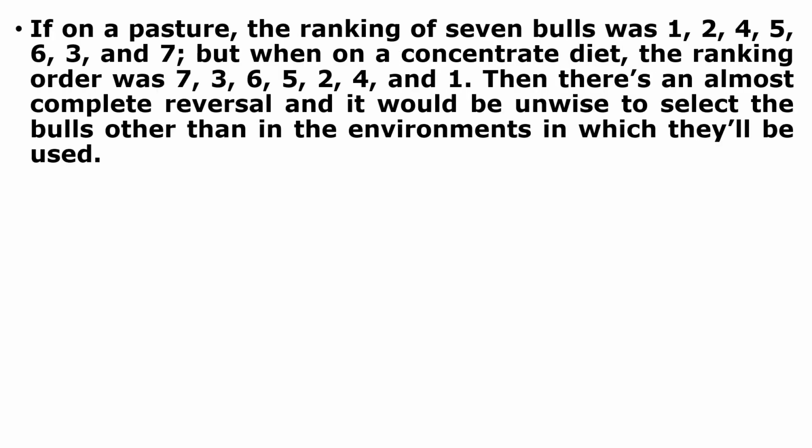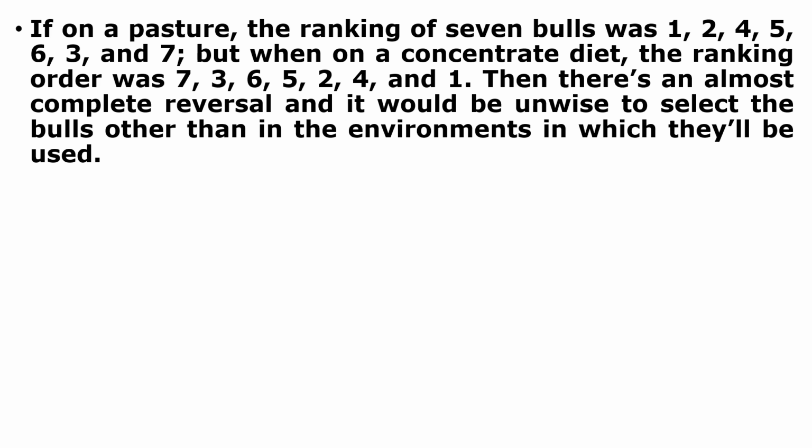If, for example, on a pasture, animals are evaluated and ranked as given here. This is a ranking for 7 different bulls. Okay. Now, when these same animals were changed to a concentrate diet and they were evaluated for a trait, the ranking changed to something like this.